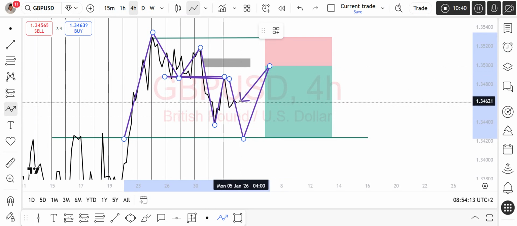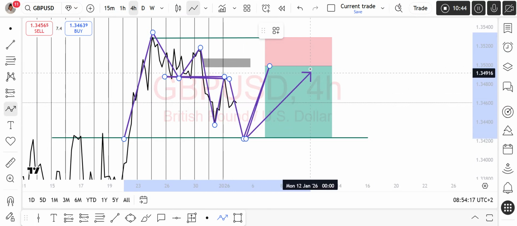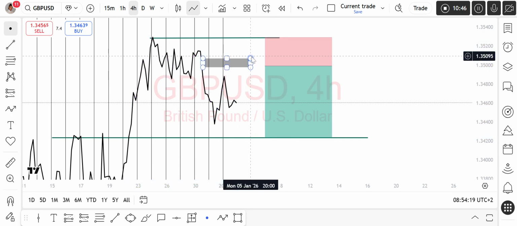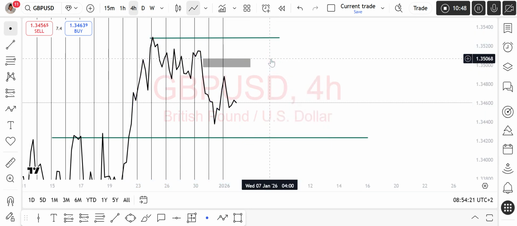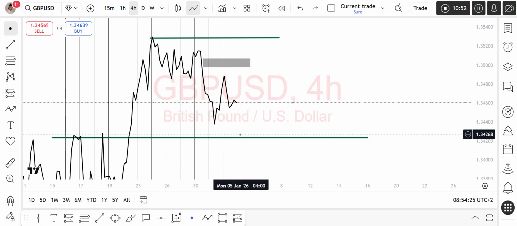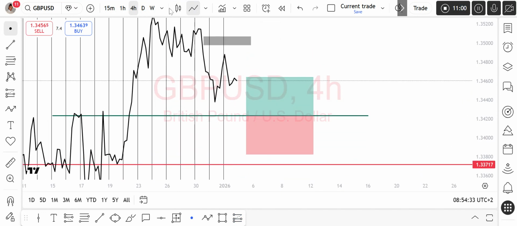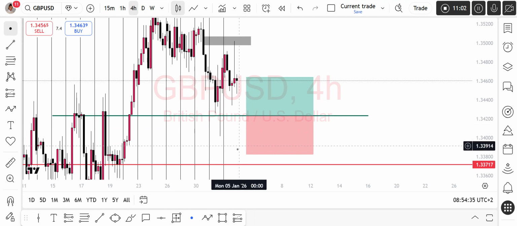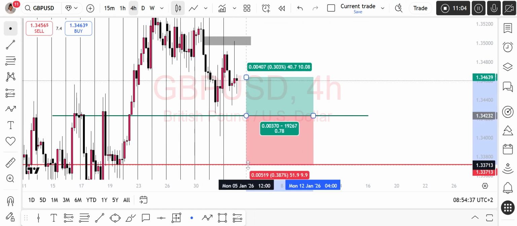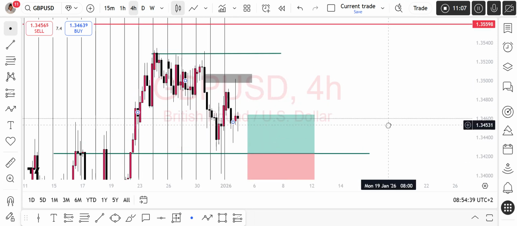But if this here reaches this area over here, let me show you guys how I'm gonna take the trade. If this comes down to here, then I'm gonna take this trade. Ideally I would say structure, right?